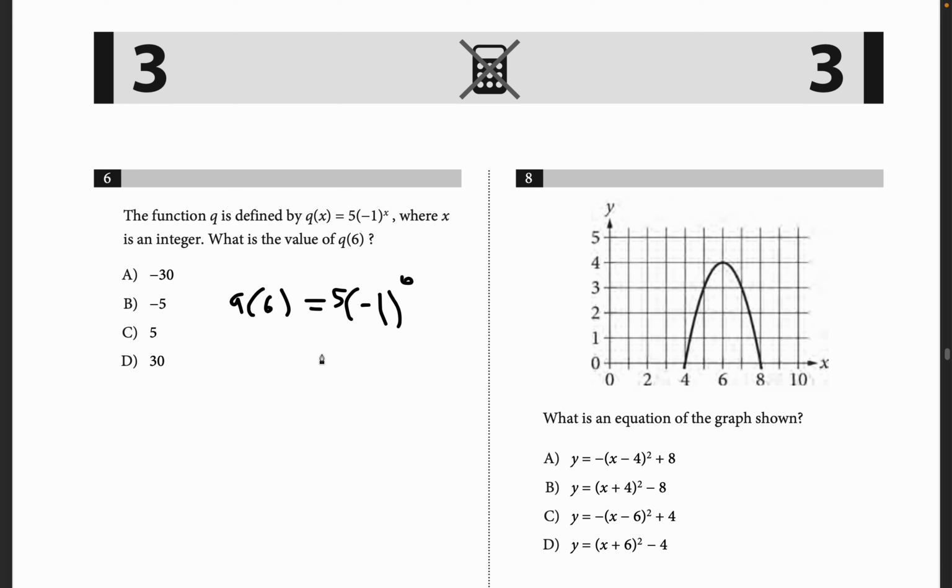Yes, okay. Negative 1 to the power of 6. Any negative value to an even exponent will turn out positive. So negative 1 to the power of 6 will equal 1. If it was negative 1 to the power of 5, since it's odd, it will stay negative. So negative 1 to the power of 6 is 1, and 1 times 5 is 5. So Q of 6 equals 5.